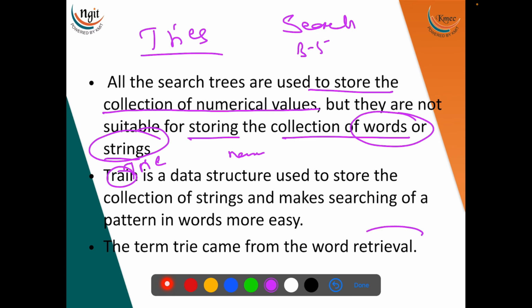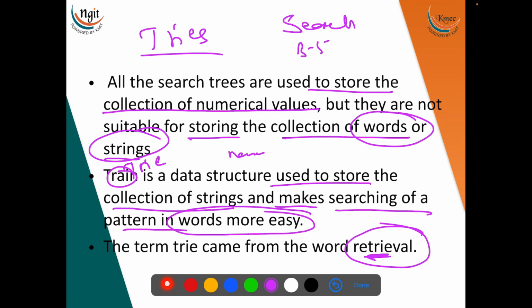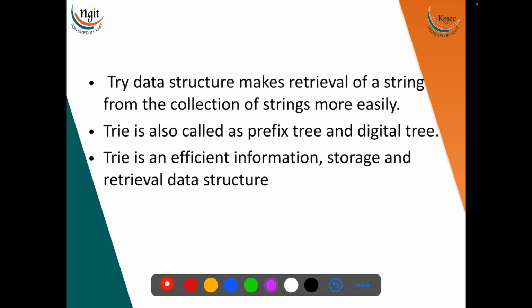Trie basically came from the word retrieval. Trie is a data structure used to store a collection of strings and makes searching for a pattern or words much easier. So trie is a data structure where we store the words and strings as nodes, and it helps us search patterns more easily.